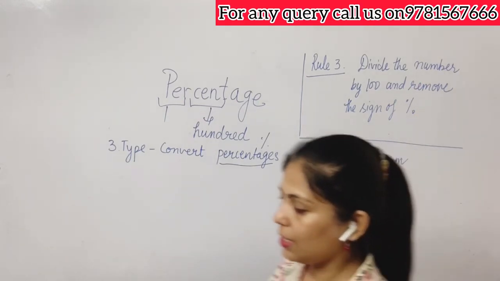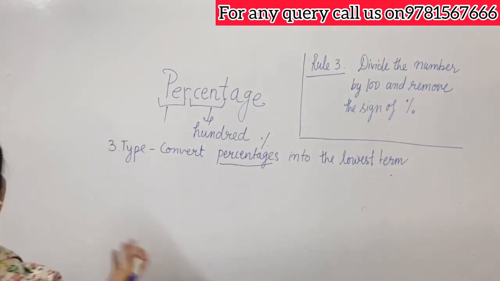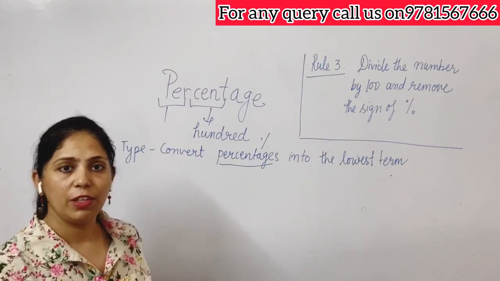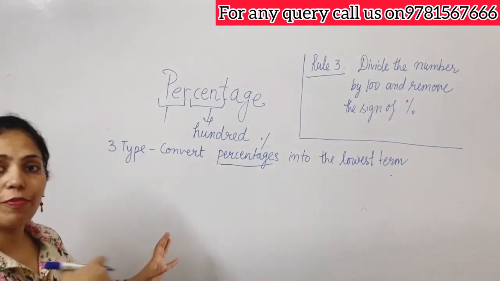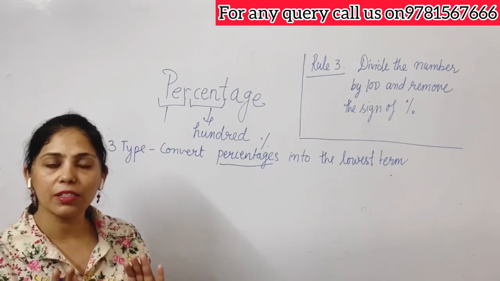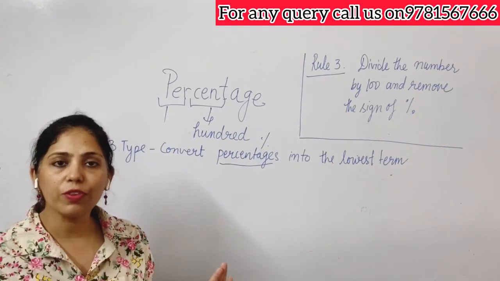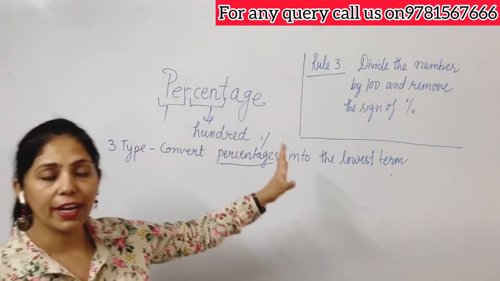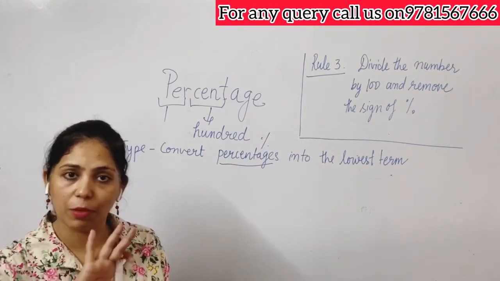Okay. See, जब हमने परसेंटेज में कन्वर्ट करना था तो हमें परसेंटेज का साइन ऐड करना था. जब हमें परसेंट से फ्रैक्शन में जाना है तो हमने परसेंटेज का साइन को रिमूव करना है, उस साइन को हटाना है. So what is the rule here? You have to divide that number by 100 and remove the sign.